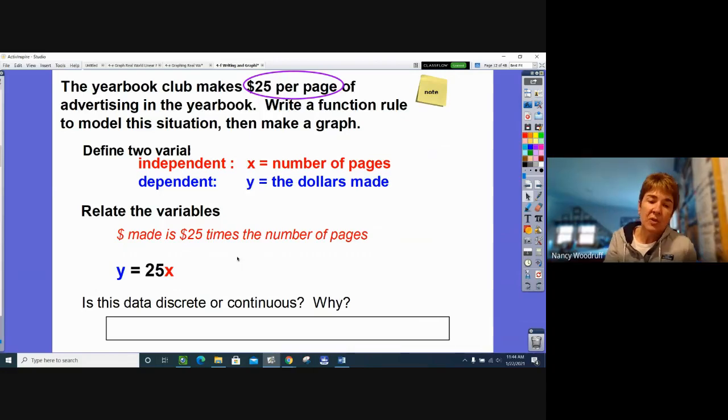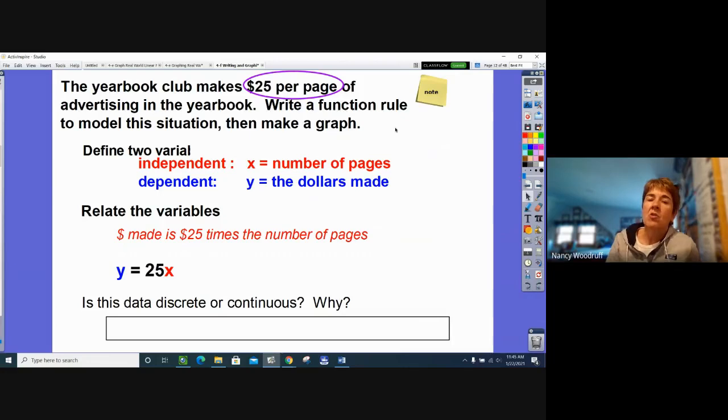There's our function rule. Now, before we move on, will this data representing the pages of advertising be discrete or continuous? And once you have your answer, can you explain why? So I immediately think, does it jump? Is somebody going to buy 1.267 of a page?